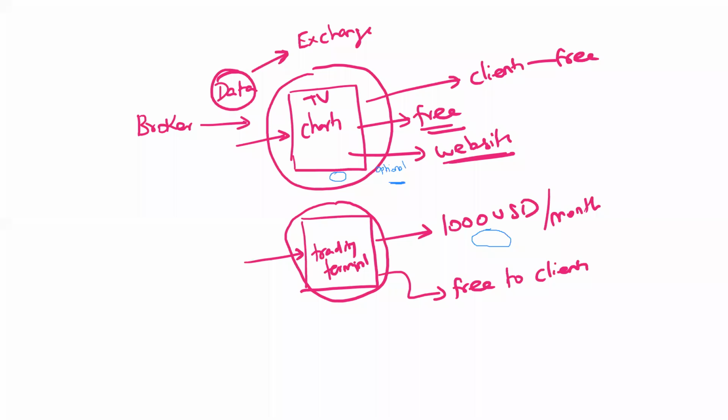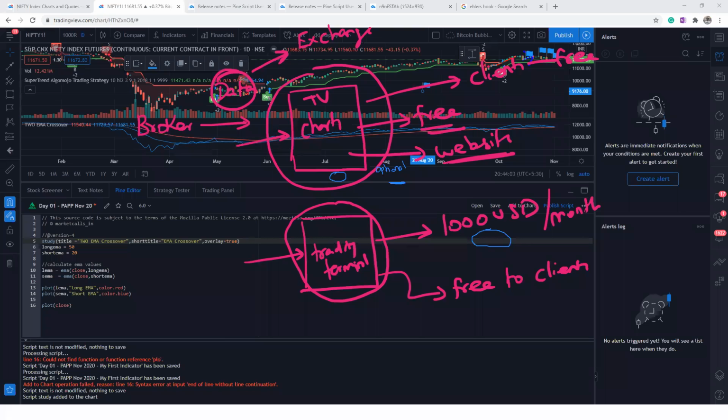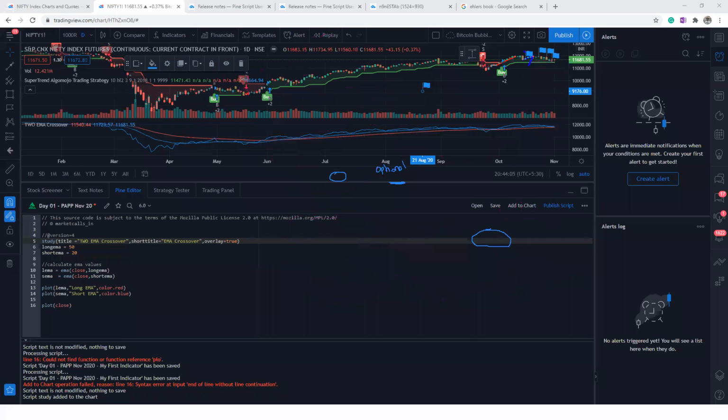Now here you need to understand a couple of things. There are overlay indicators and underlying indicators. Right now what we want is for this one to plot on top of the candlestick. So we want an overlay on top of the candlestick indicator.